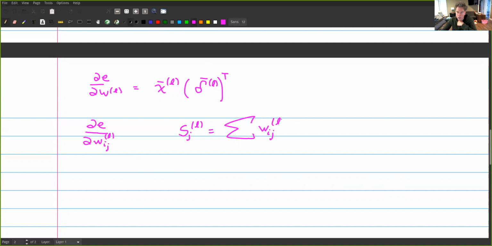These are the weights that are coming into layer L. There's going to be one of those for every output in the previous layer. So we use this notation to describe the number of nodes in the previous layer, d_{L-1}. And each one of those is being multiplied times the output of the previous layer, so this is output i here.